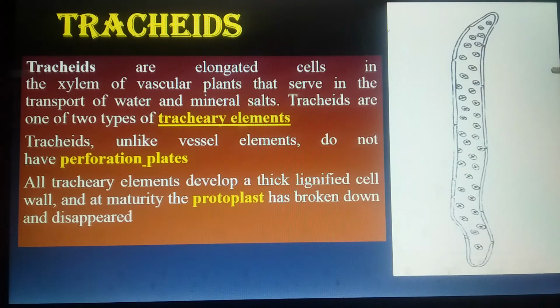First of all, tracheids. What are tracheids and which type of cells are they? Tracheids are elongated cells. You can see here, this is one single tracheid. These cells are the most important part of the vascular tissue xylem. These tracheids are the type of vessel elements which do not have perforation plates.